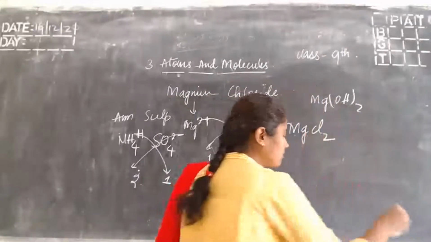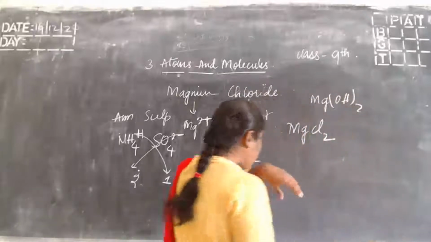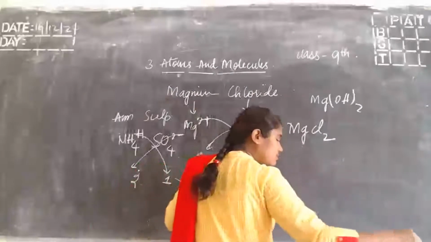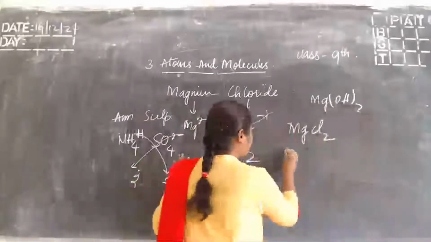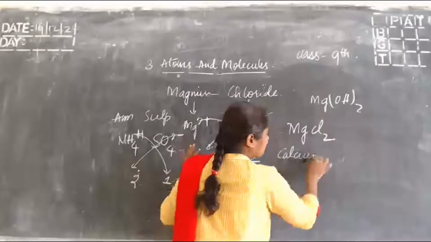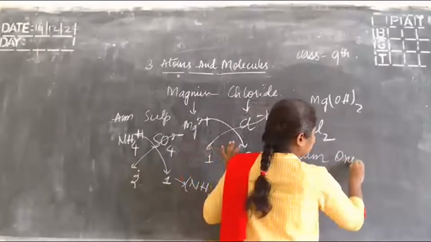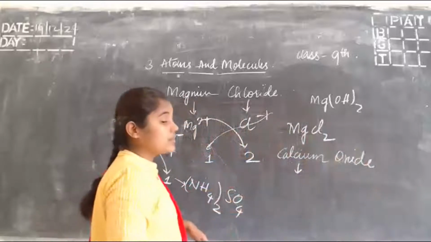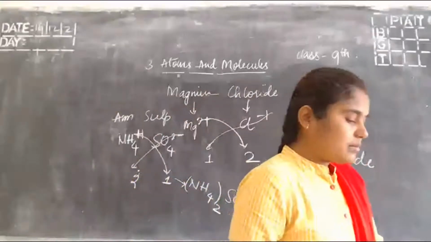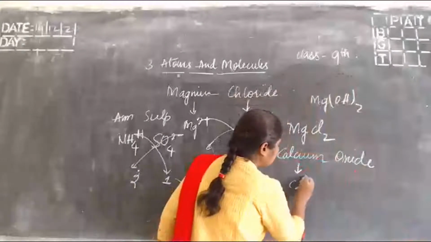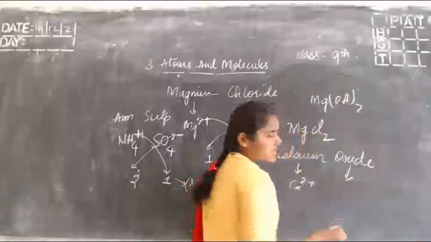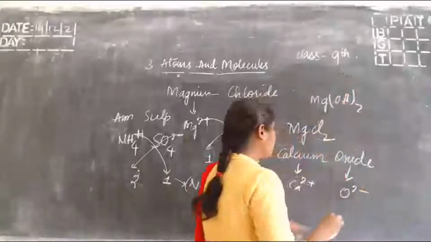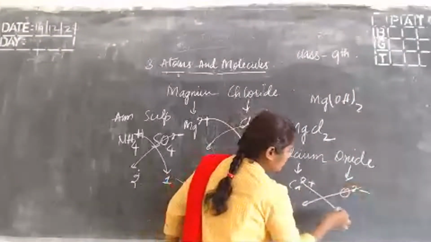Next example is calcium oxide. Calcium, we have written from that table, has Ca2+. Oxide is O2-. Bring this to this side and this to this side.